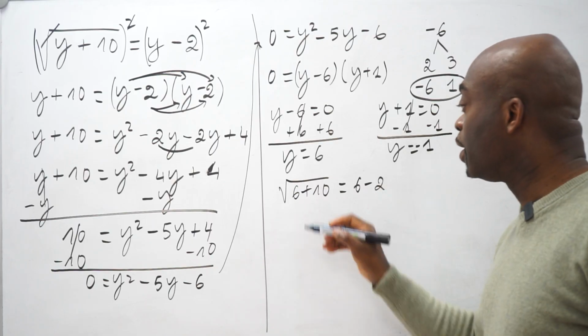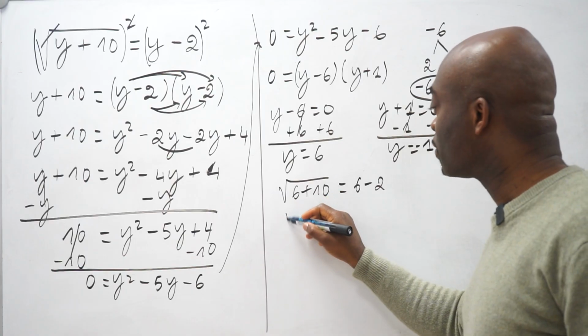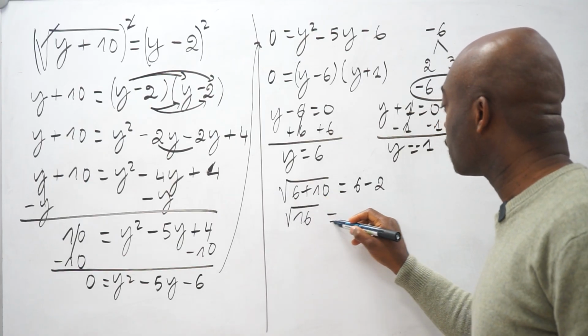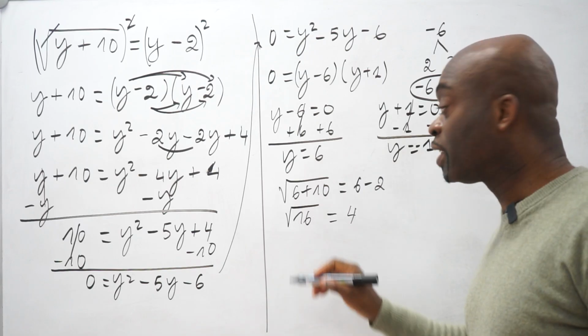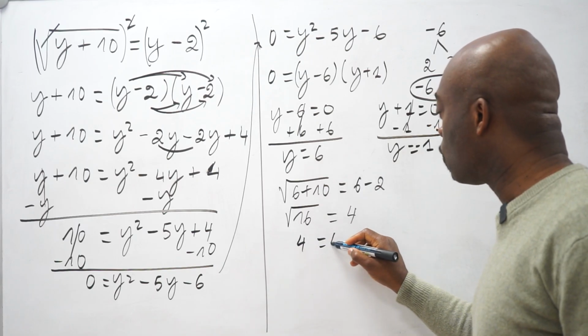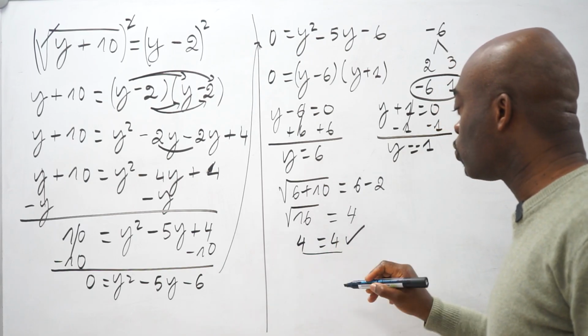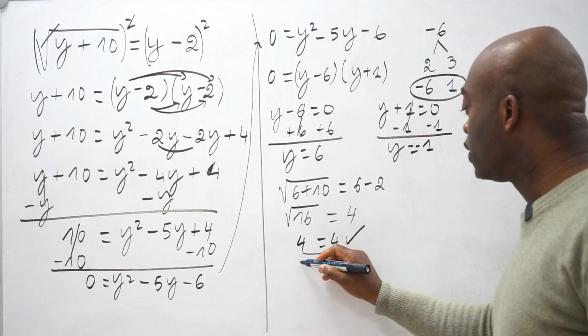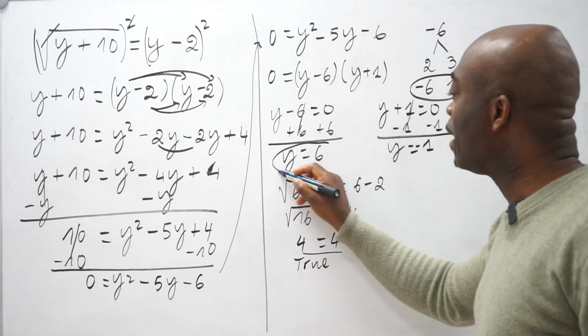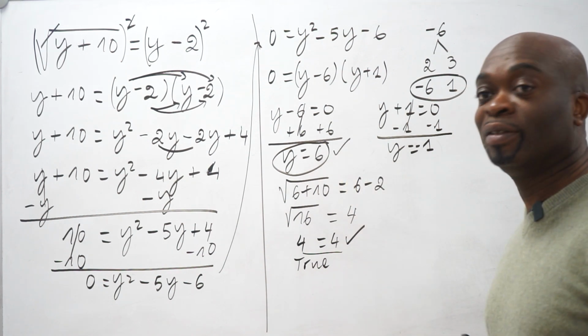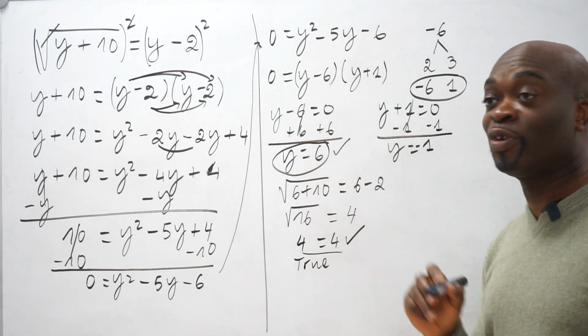So 6 plus 10 is what? 16. So square root of 16 equals, what is 6 minus 2? Is 4. What is square root of 16? 4. 4 equals 4. So this one is a true statement.